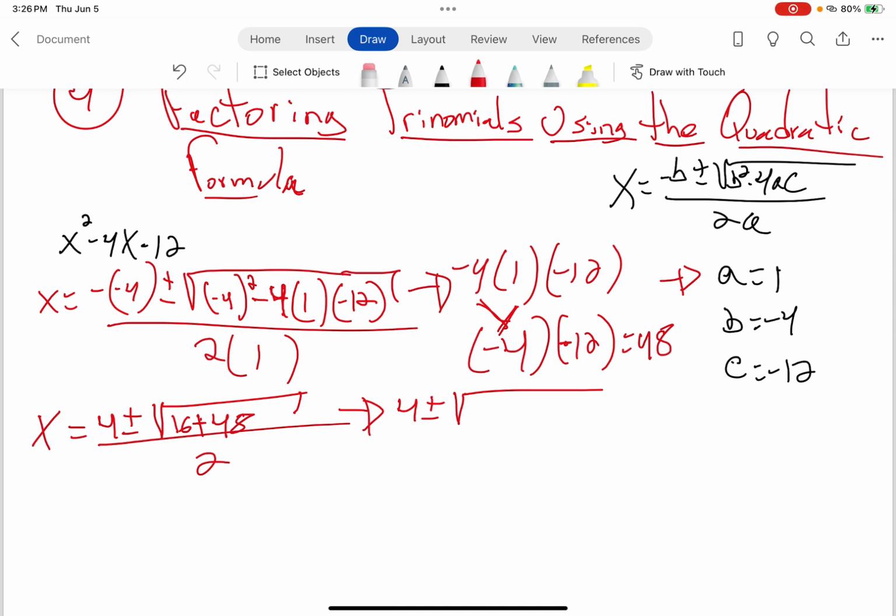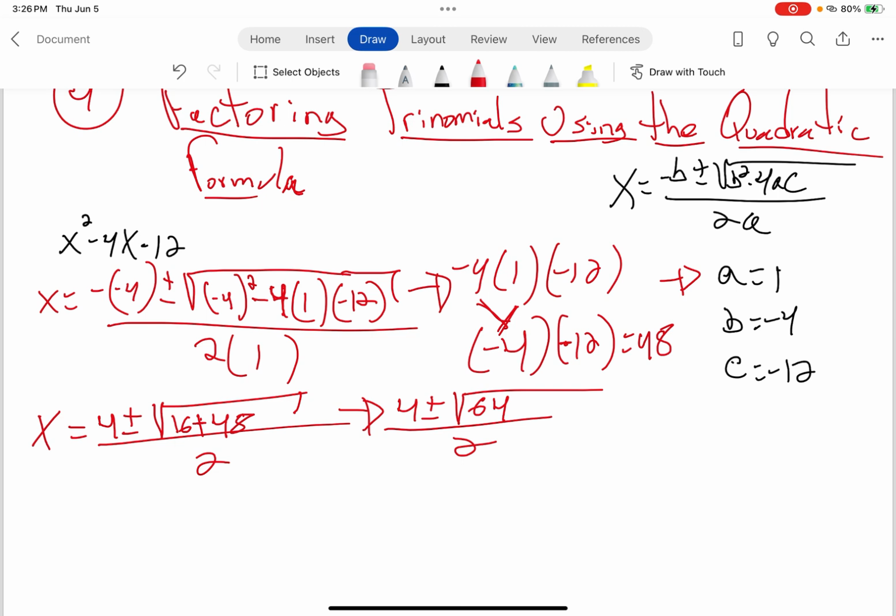So that's why here is 16 plus positive 48. 16 plus 48 is equal to 64. So all this, remember, divided by 2.